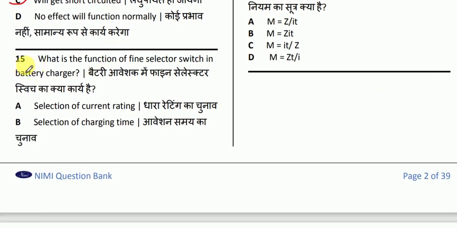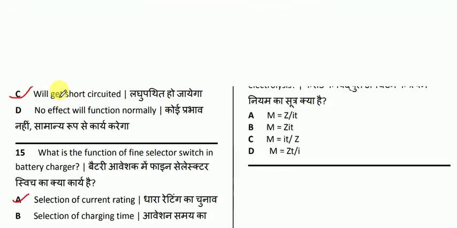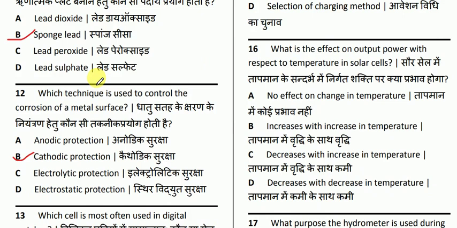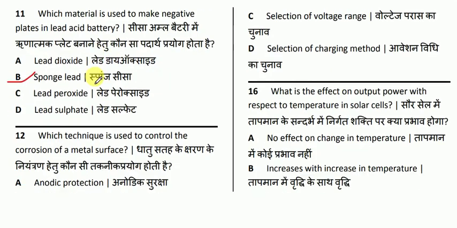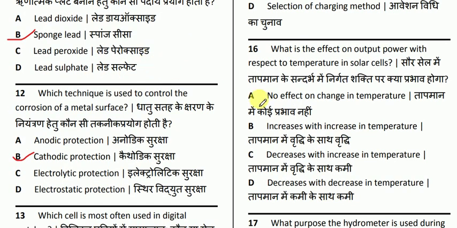Coming to the 15th question, what is the function of the fine selector switch in a battery charger? That is option A, selection of current rating. And now going to the 16th question, what is the effect on output power with respect to temperature in solar cells?